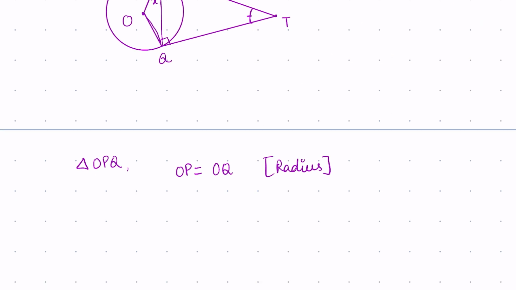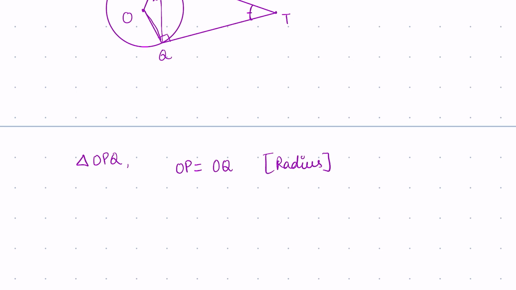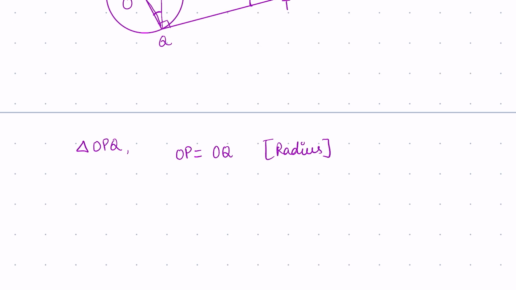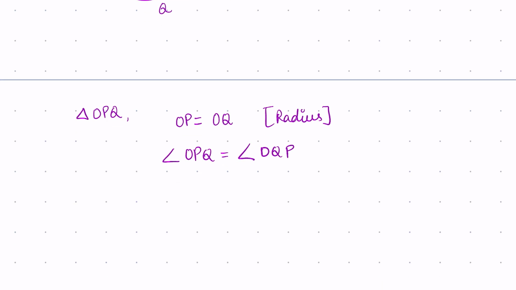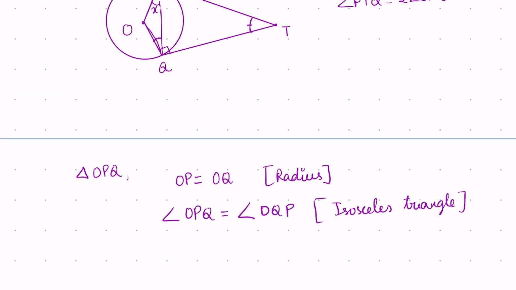That means triangle OPQ is an isosceles triangle, so angle OPQ is equal to angle OQP. These two angles are equal. So if we assume that angle is x, this also has to be x.